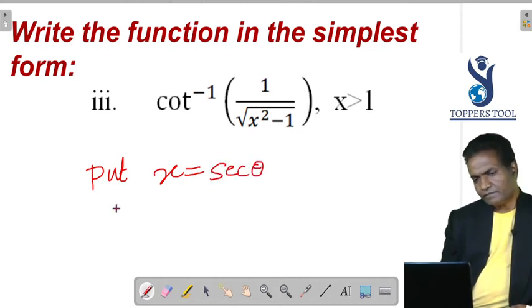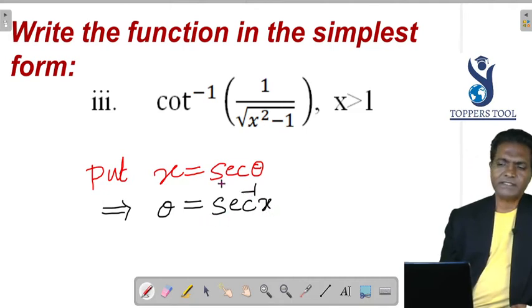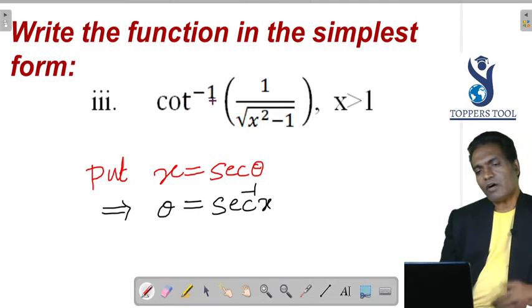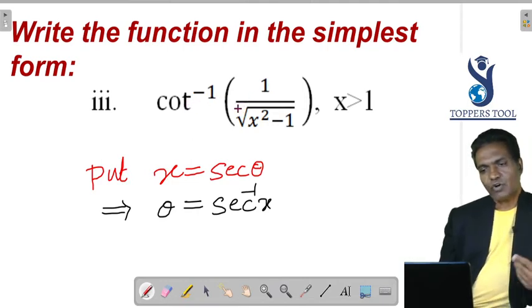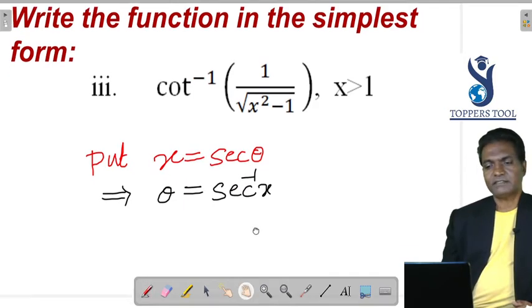That means theta is equals to secant inverse x. Why I have taken this: look here, sec square minus 1 is tan square, under root tan square means tan, so 1 by tan means cot, cot inverse of cot goes, so you are left with only a simple quantity. So that is the reason.